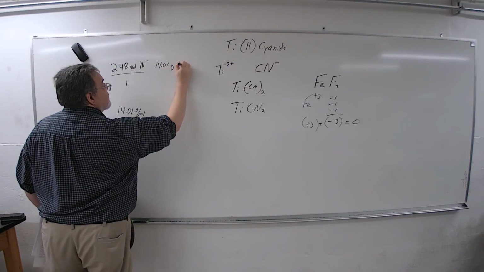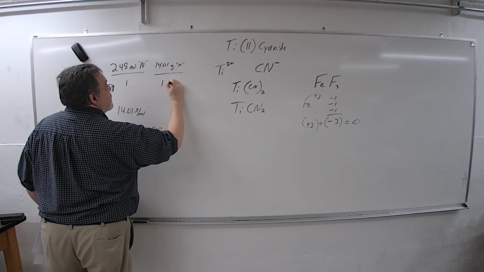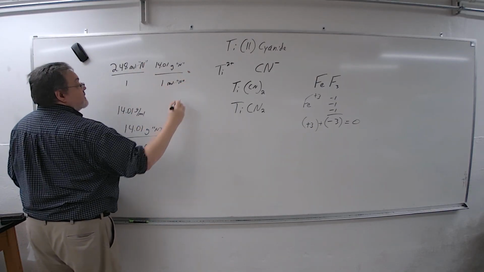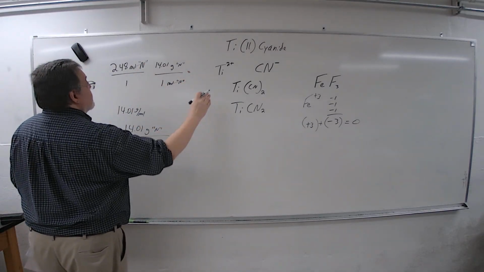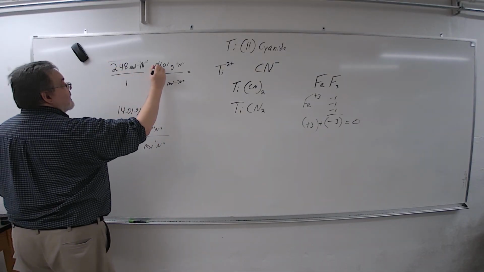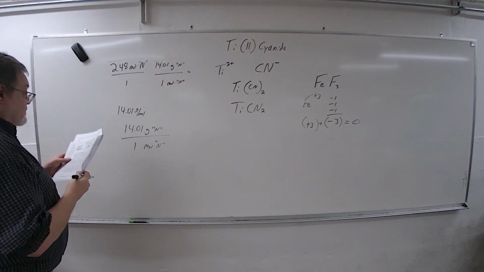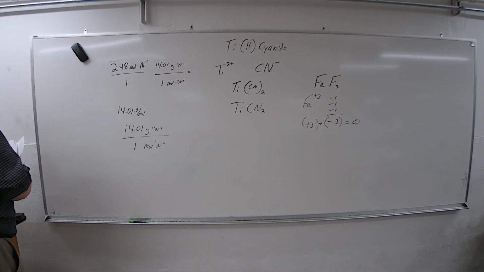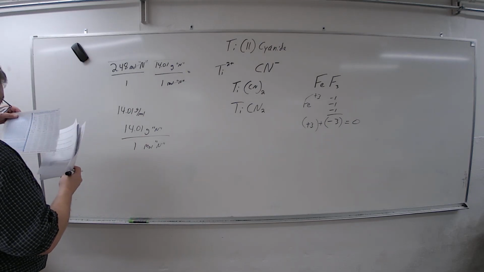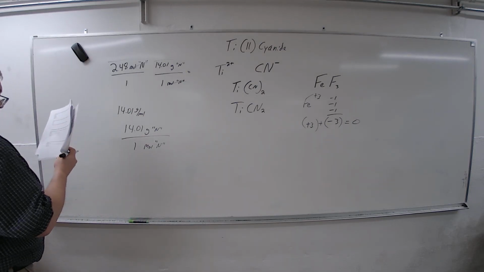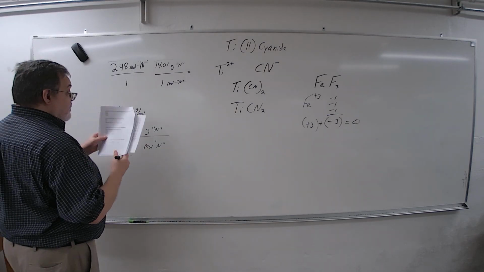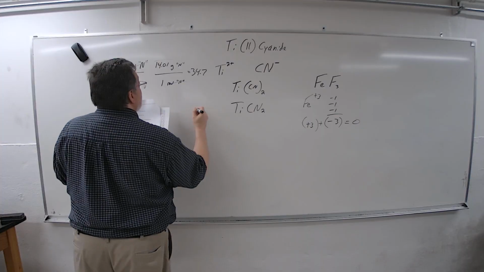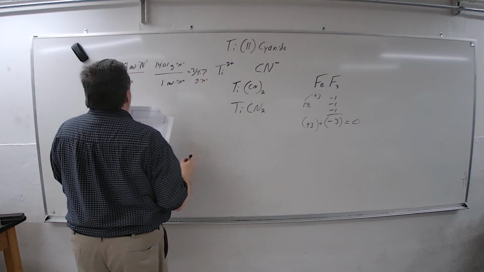We want moles on the bottom, so we can use this the way it is. 14.01 grams of nitrogen to 1 mole of nitrogen. Moles of nitrogen cancel. We get grams of nitrogen, so we just multiply. 3 significant figures, 4 significant figures, so answer should be 3. And what do we get? Number 20. E. 34.7, is that what y'all got?